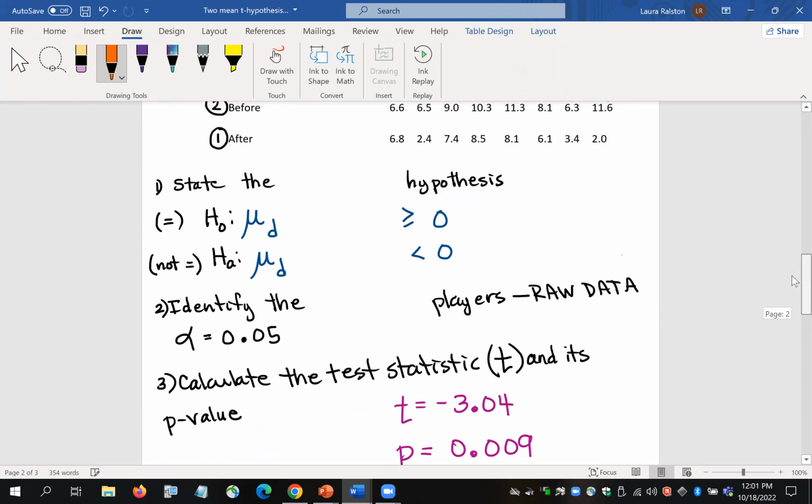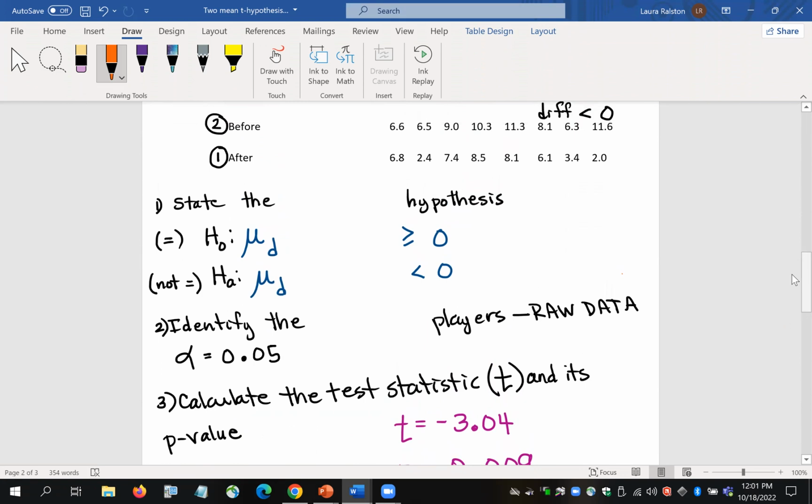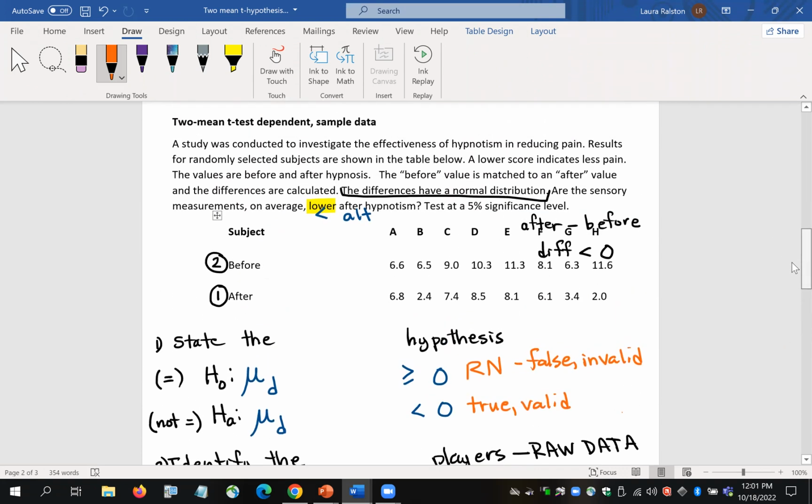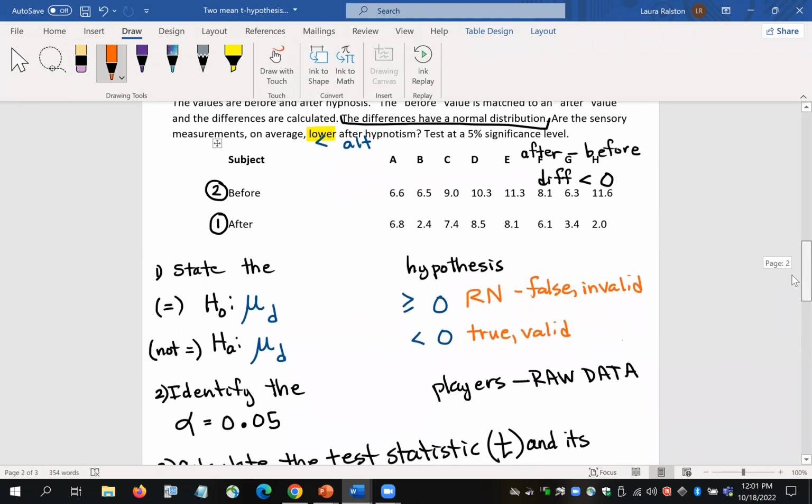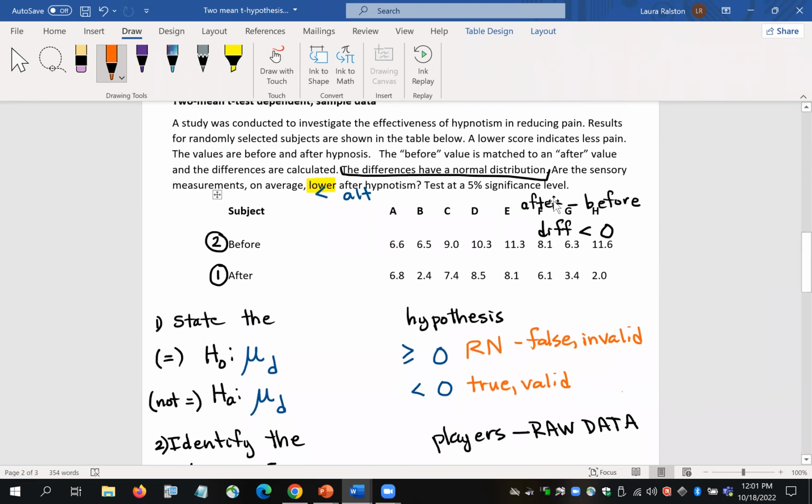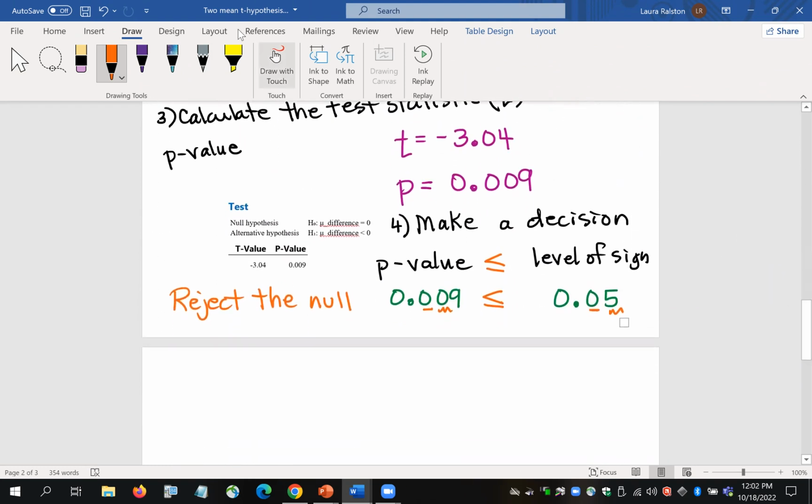In this context, if we reject the null, that means the null is false or invalid, which means the alternative is true or valid, which in this case means that the pain level was lower after hypnosis. Okay, it says, are the sensory measures on average lower after hypnosis? We've proven that yes, they're lower after hypnosis.